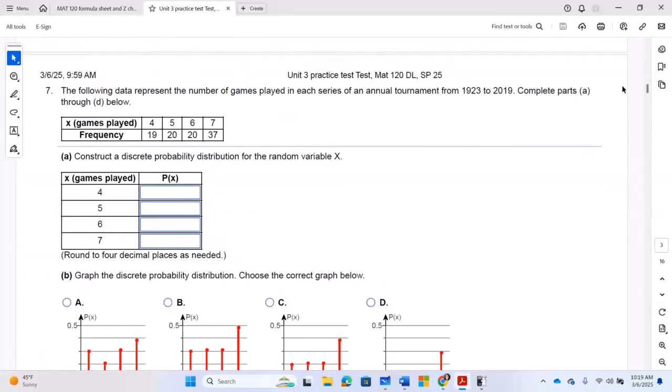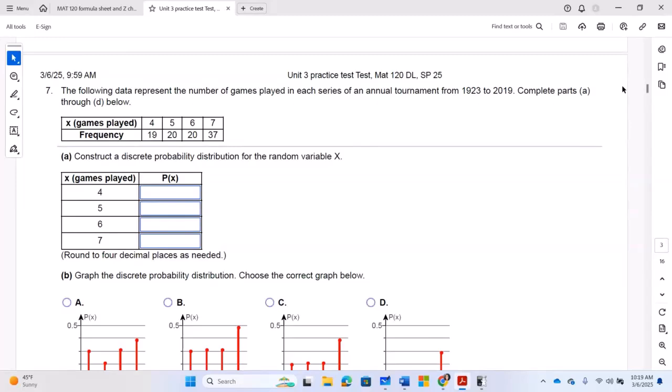So the following data represents the number of games played in each series of an annual tournament from 1923 to 2019.